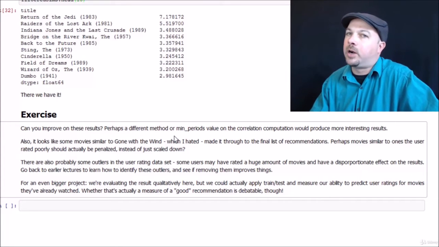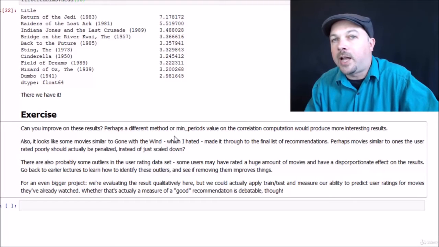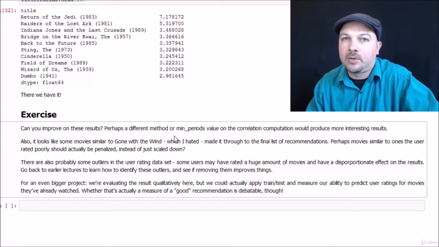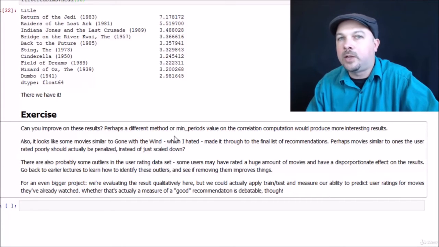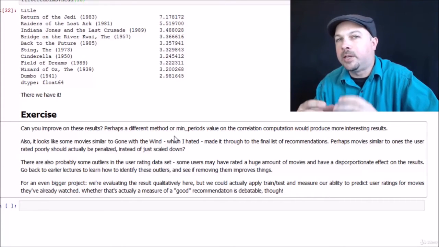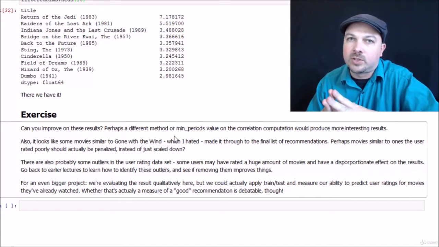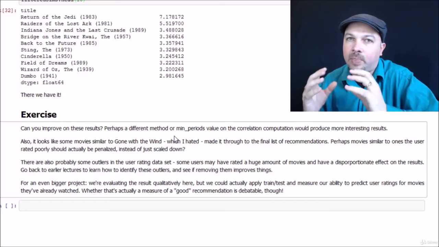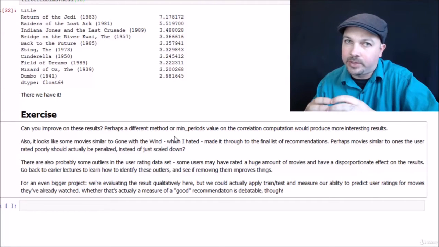And if you really want a big project, if you really want to sink your teeth into this stuff, you could actually evaluate the results of this recommender engine by using the techniques of train test. So what if instead of having an arbitrary recommendation score that sums up the correlation scores of each individual movie, you actually scale that down to a predicted rating for each given movie?